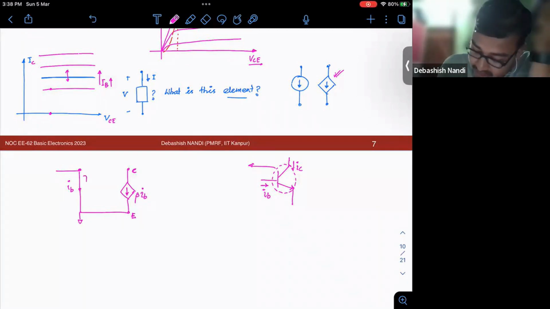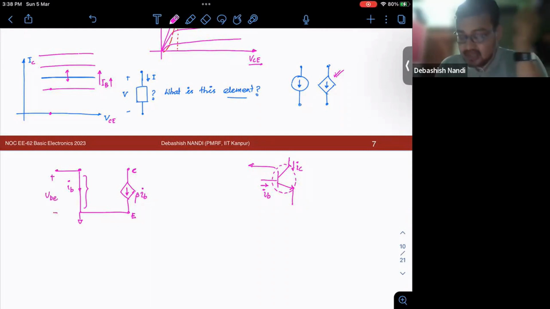But do I have a short circuit here? Short circuit means my VBE is always 0, but I cannot sustain that. My VBE has to have some value. That means I need to have a voltage drop across this, so I need to have a resistance.